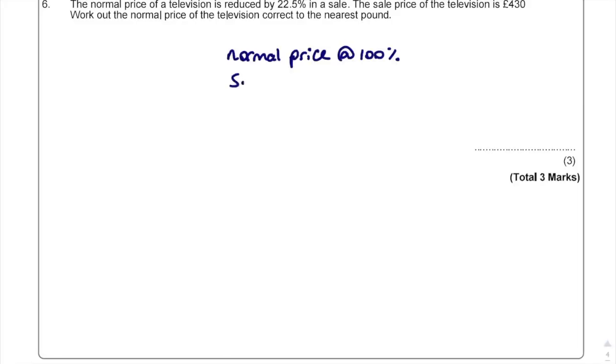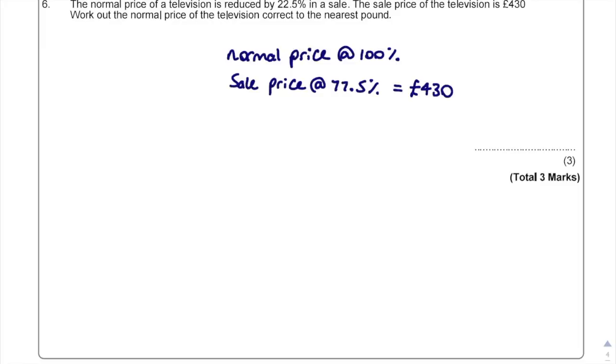So that means the sale price is going to be 100 minus 22.5, which is 77.5%. So the sale price is 77.5% of the normal price. And we know what that is equal to. It's equal to £430. So we need to work out the normal price, which is 100% of this value here, 430.